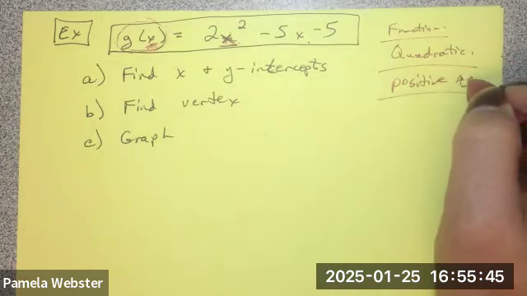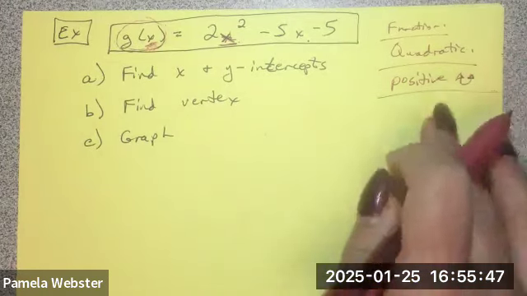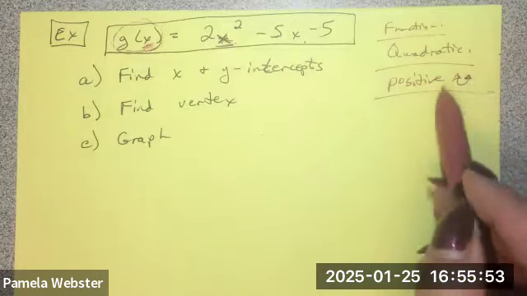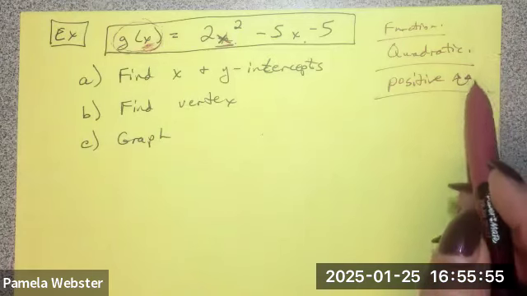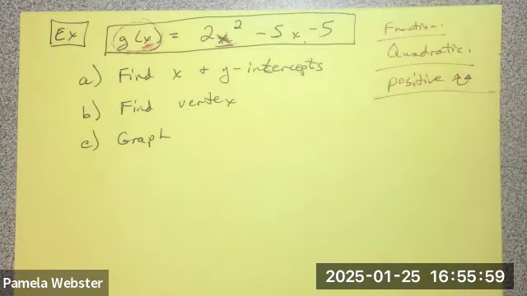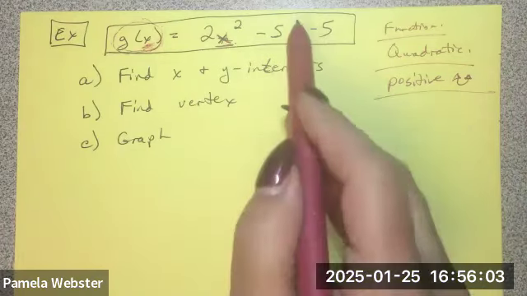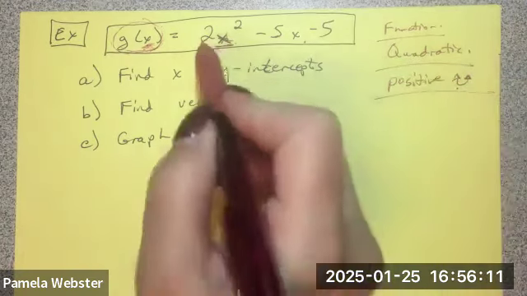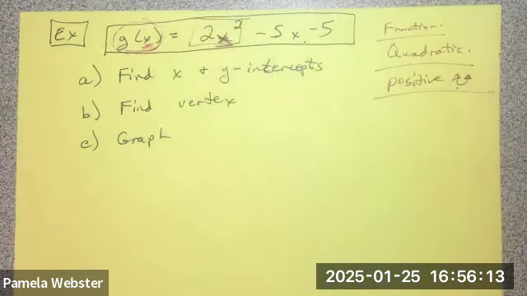It's smiling. It's an upward facing parabola. That's what we call it. So I have a good idea already what this graph looks like. It's quadratic. It looks something like that because the leading coefficient is positive. The other two numbers in there, those are not positive, but we don't care about those for the overall shape of the graph. That's determined by the leading term.